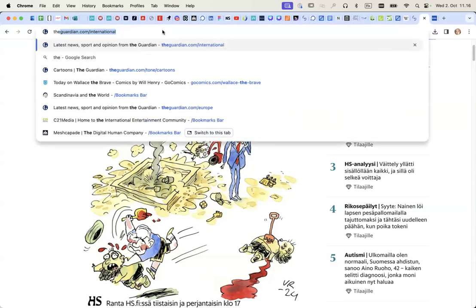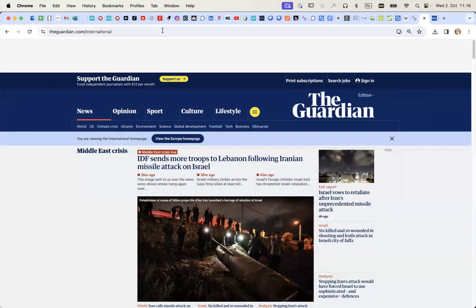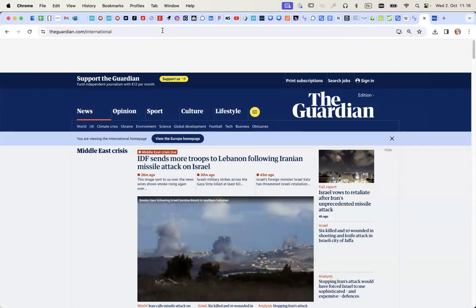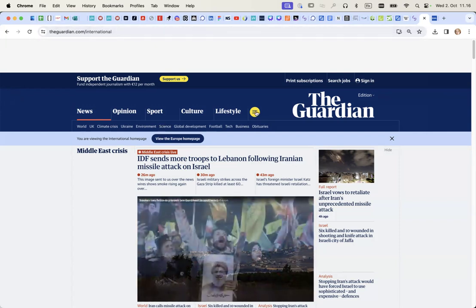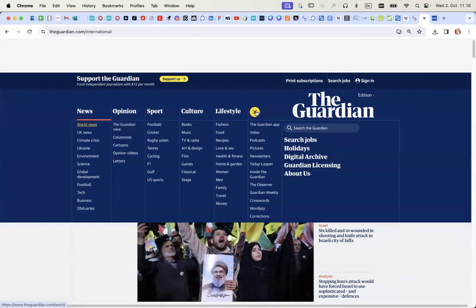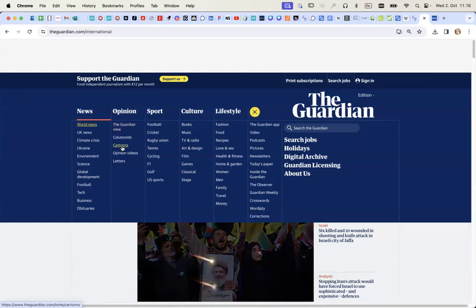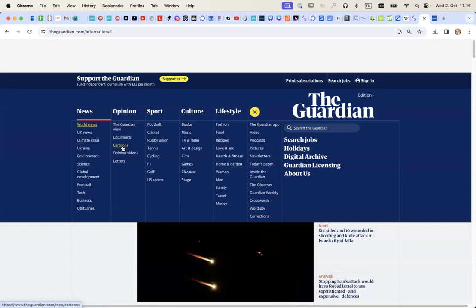And let's go to The Guardian, which is a British newspaper and website, which also has pretty good political cartoons. So there is a constant demand for these, by the way. And that's one reason why I'm showing this to you, cartoons.